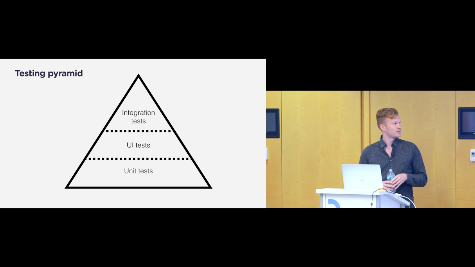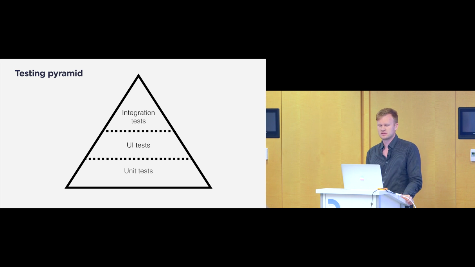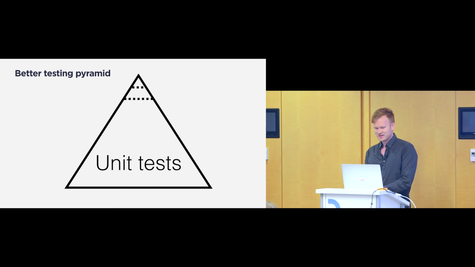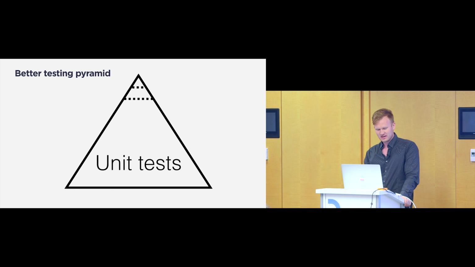I guess some of you are familiar with the testing pyramid. So usually you have unit tests, UI tests, and some integration tests. But I personally like this version of the pyramid because no matter how advanced UI testing tools or integration testing are, it will always take a lot of time to execute.